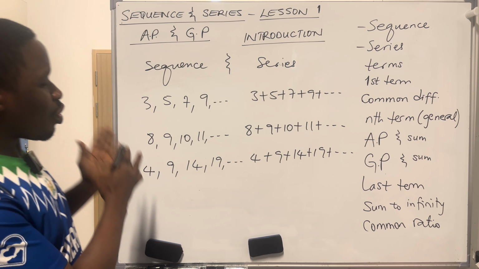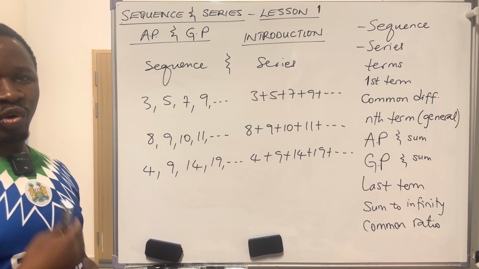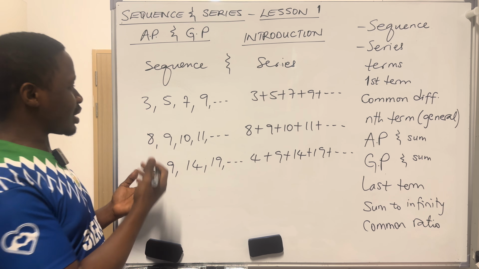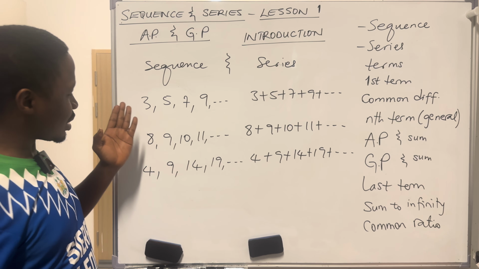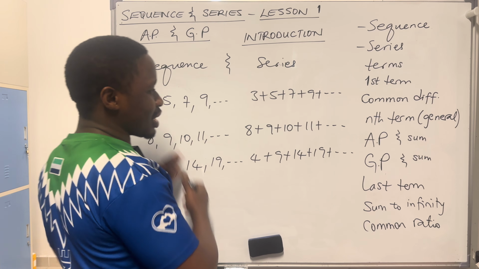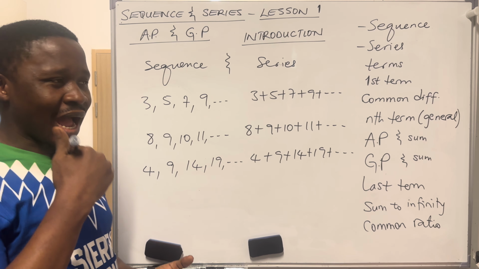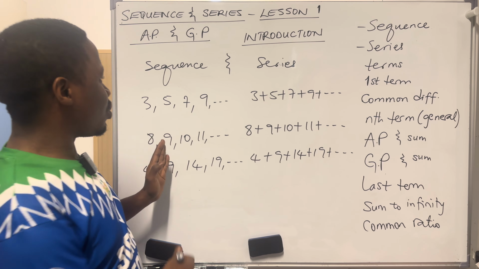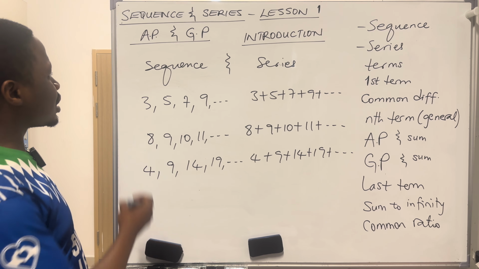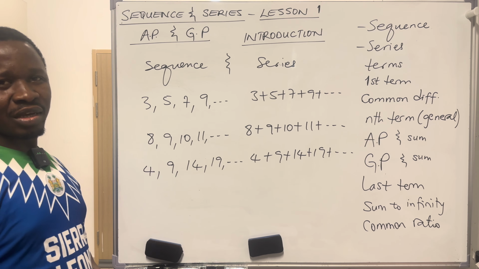So when the numbers are listed in a specific order, we say a sequence. But once those numbers that are listed are added, we no longer say sequence. Rather, we say series.